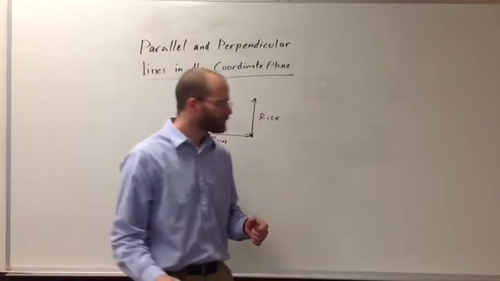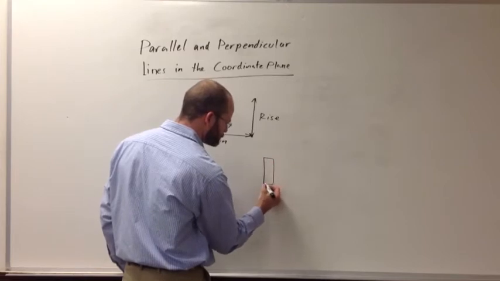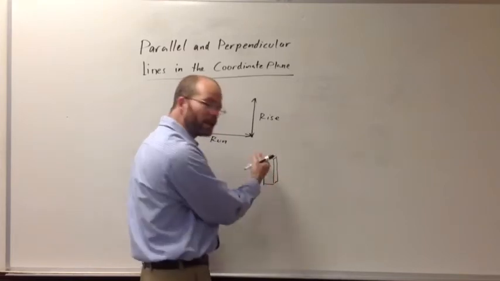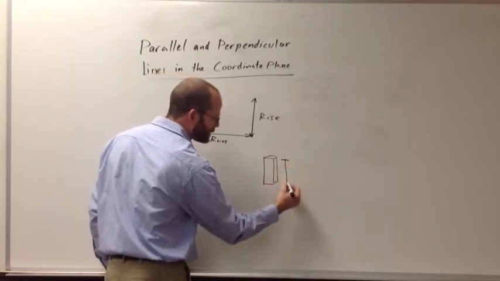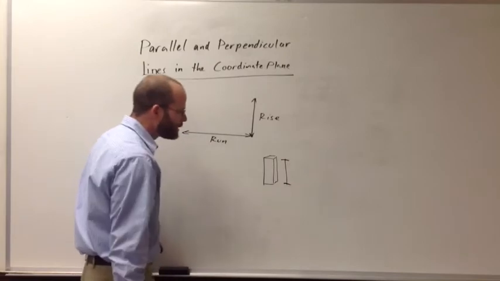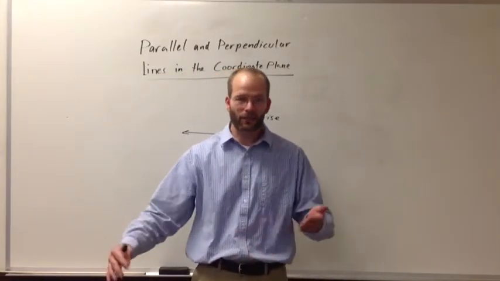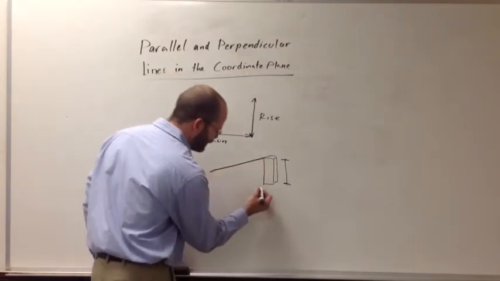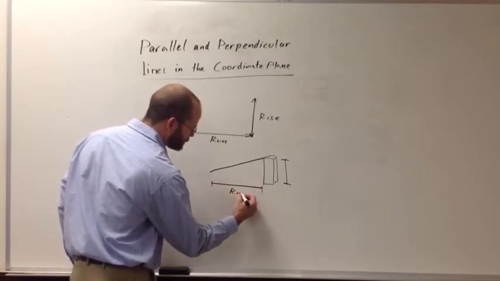So, for example, suppose we had a filing cabinet, and I wanted to get on top of the filing cabinet. The filing cabinet is a fixed height. We call that the rise. Suppose further that I brought along a long plank or some other way of making a ramp to get up onto the filing cabinet. This distance here is called my run.